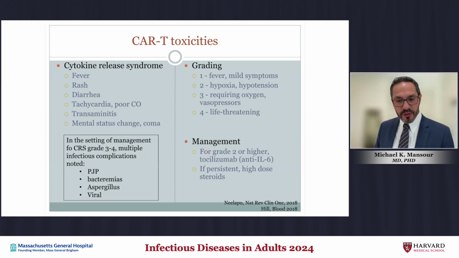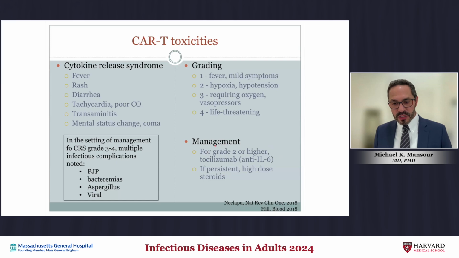So it turns out that initially we approached this issue similar to an immune checkpoint inhibitor toxicity, and we added a lot of steroids up front. We weren't getting the best response and the best management for CRS with steroids.